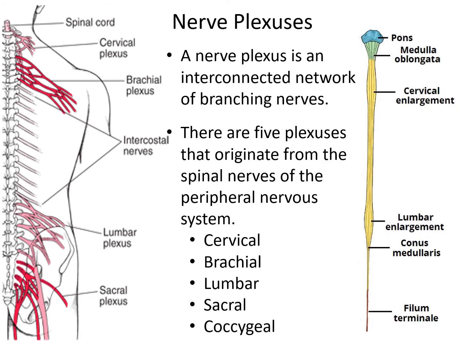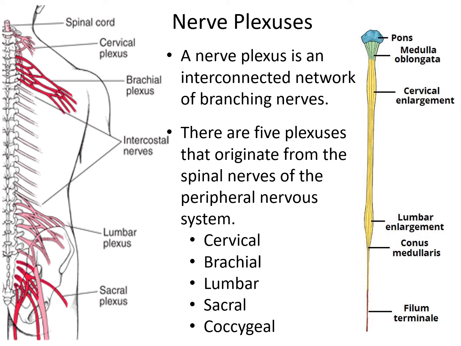A nerve plexus is a network of spinal nerves. Spinal nerves come off of the spinal cord and then they fuse together to form major nerves that go out into the limbs, for instance. We have 5 plexuses that originate from the central nervous system. There are 2 plexuses that are especially large, and they come from enlargements of the spinal cord.